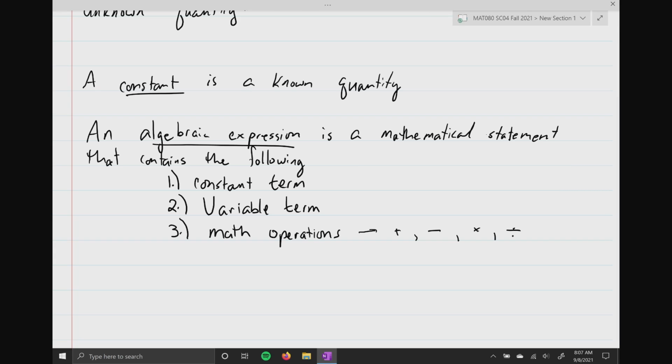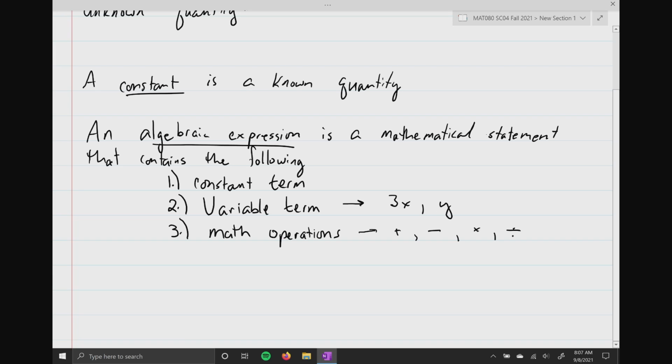Okay? Now, a variable term will look something like this, like 3 times x. So when we write the 3 and the x right next to each other, we read that as 3 times x. Okay? So a variable term is 3x, or it could just be the letter y. It doesn't matter.